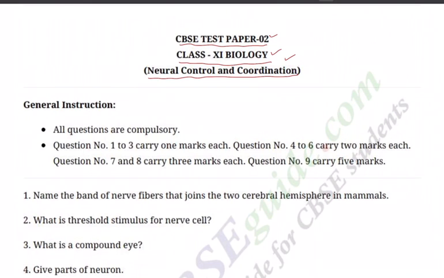This way of dealing with revision will make you familiarized with 1 mark questions from this chapter, 2 mark questions, 3 marks, as well as long answer type carrying 5 marks.